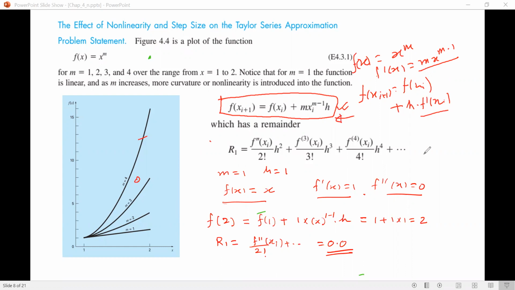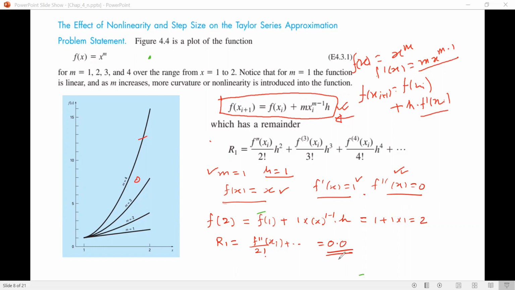Now if your m is equal to 1, and we are considering that our step size is equal to 1, then you can easily calculate that f(x) is equal to x, f prime(x) is equal to 1, then the double derivative will be equal to 0. So only your first order approximation is enough to calculate the value of your function.